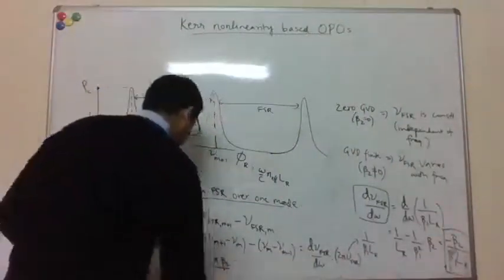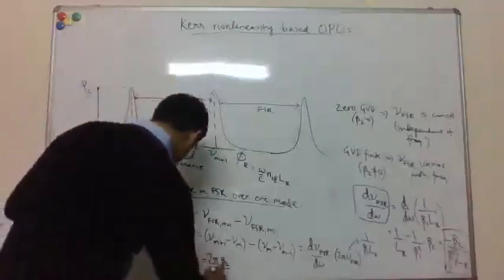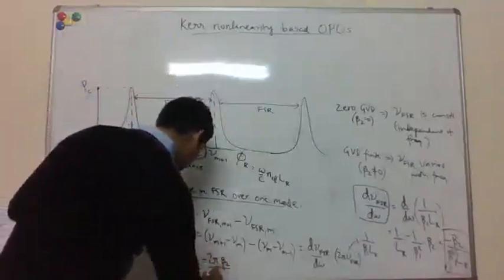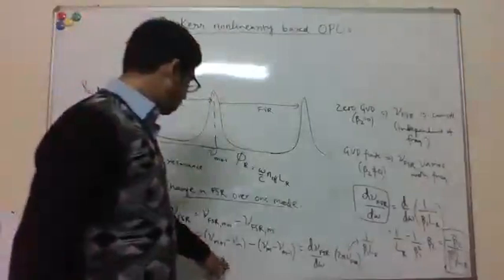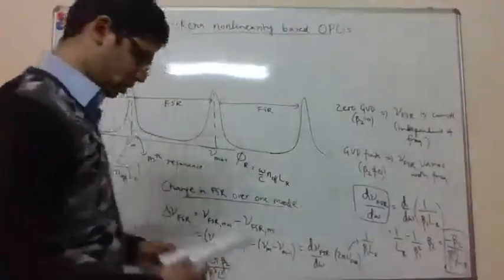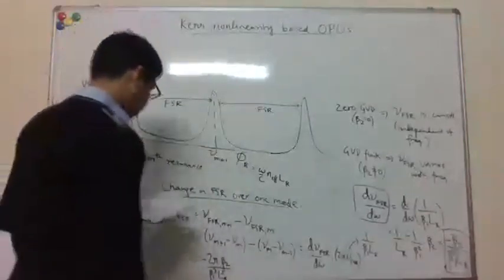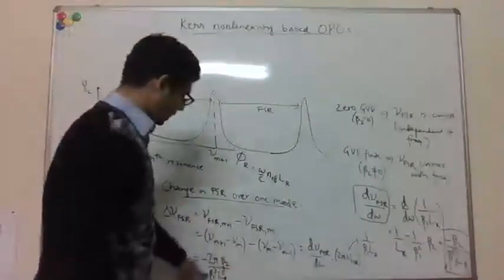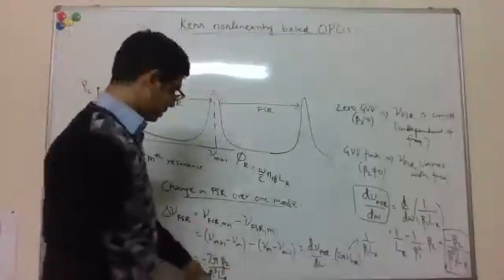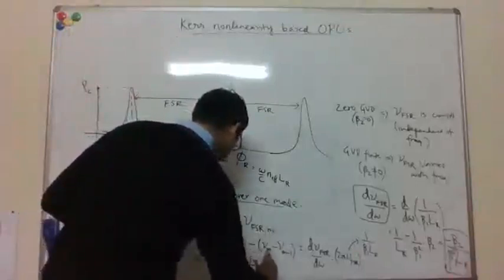So finally, when the FSR changes by this much, we get 2 pi beta 2 divided by beta 1 cubed L squared. Or I can write it in terms of the group index also, since beta 1 is basically Ng over C, 1 over the group velocity.